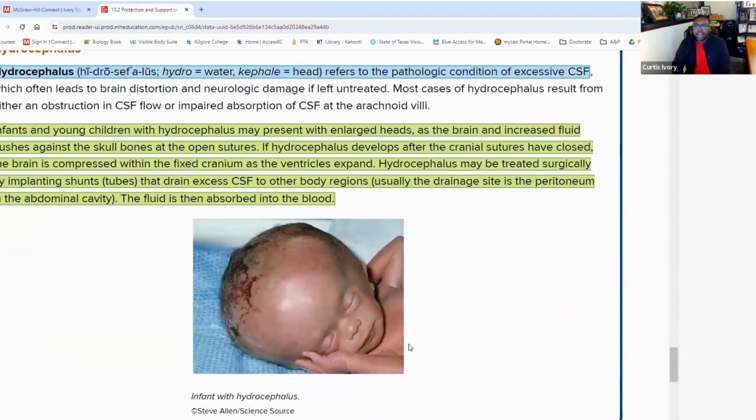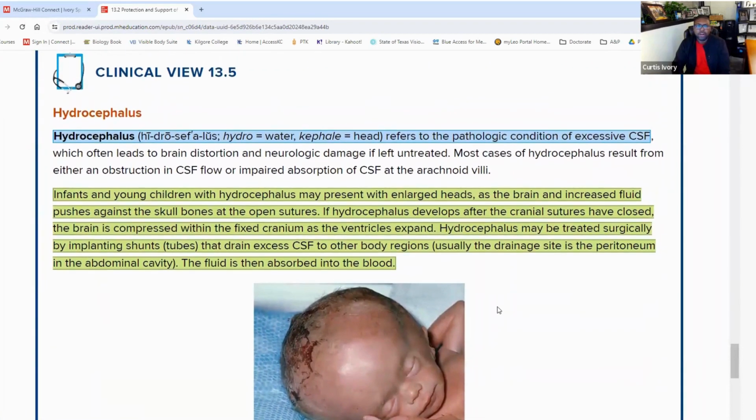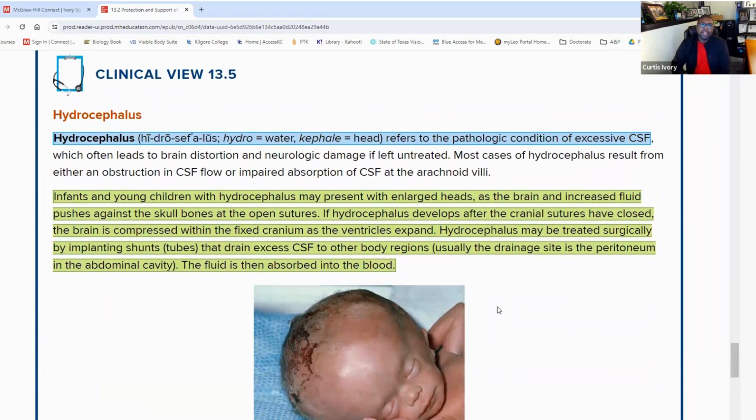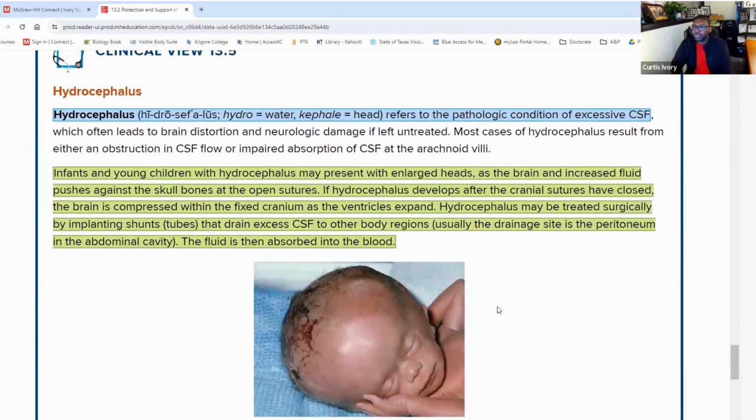So here's a type of disorder, which is called hydrocephalus. Hydro meaning water, and cephalo meaning head. So essentially, if the cerebral spinal fluid does not drain properly, if there's a blockage in the brain, you can have a backup of fluid all around the brain.